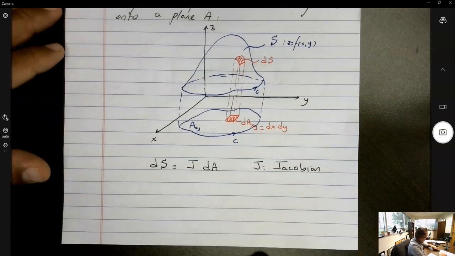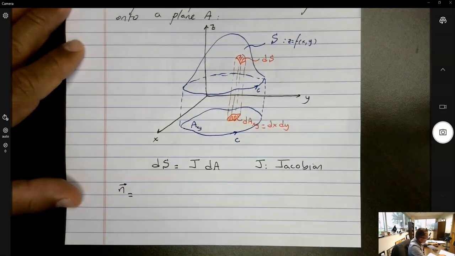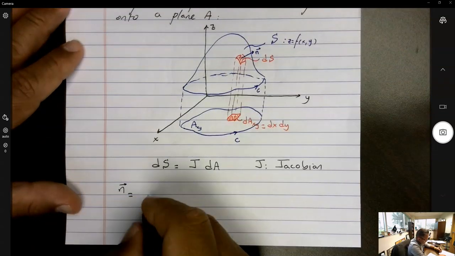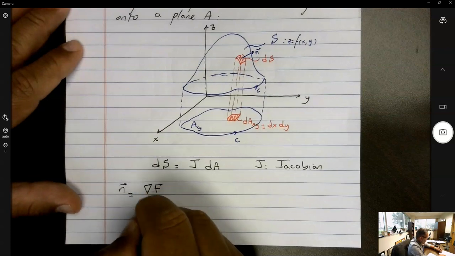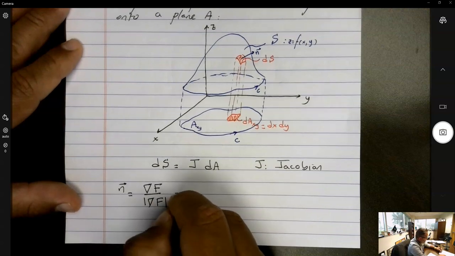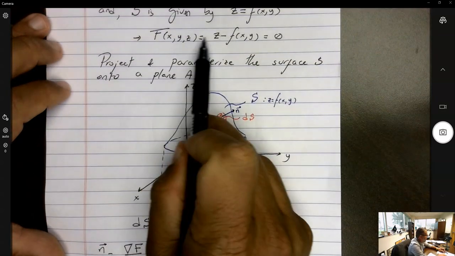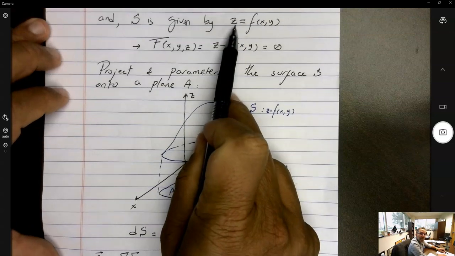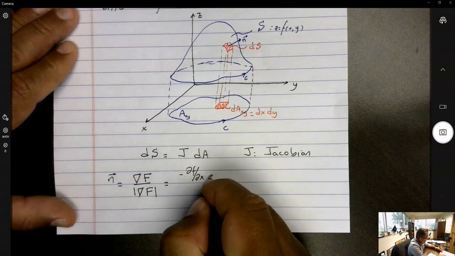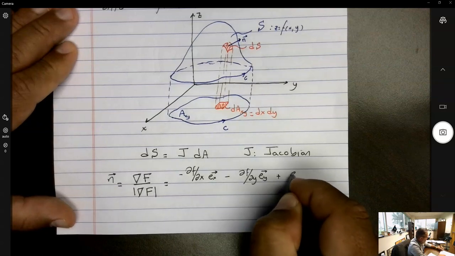Also remember that we have a normal vector to the surface. The normal vector is grad of f divided by the magnitude of the grad of f, which is, if we use this particular definition of f, which is the level curves of the surface z equals f of x and y, it will just simply be minus df dx in the x direction minus df dy in the y direction plus 1 in the z direction.